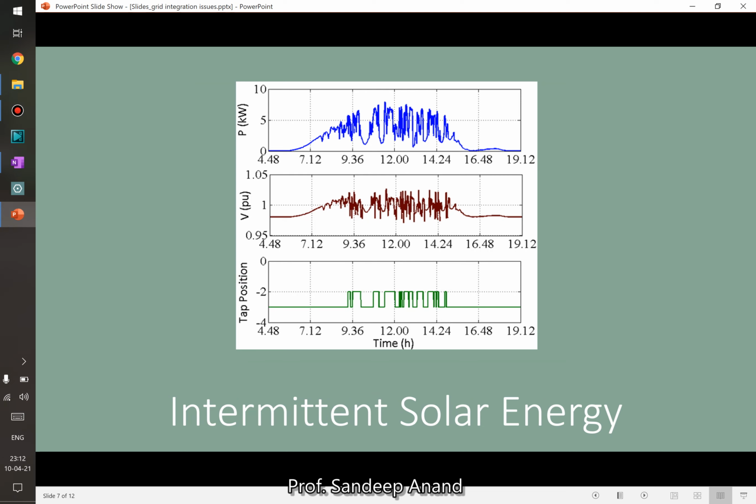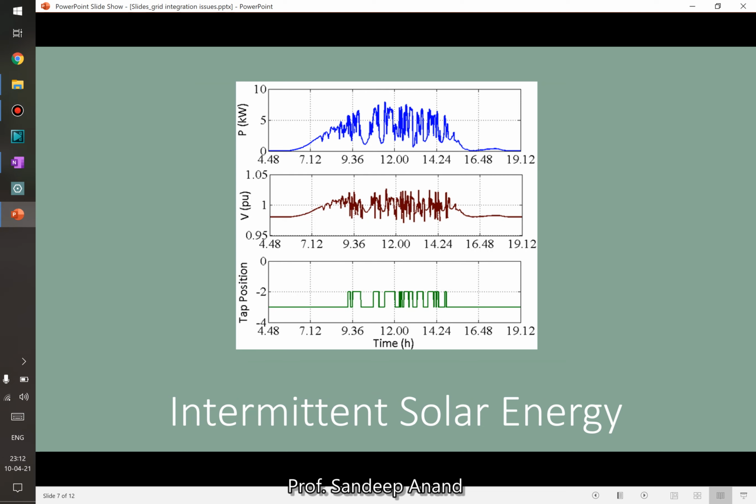Now, because of these fluctuations in the power generation, the voltage profile in the distribution system may also fluctuate. It would certainly depend on the impedances of the network, and how much power this solar plant is capable of. In this diagram, the y-axis is only a few kilowatts.